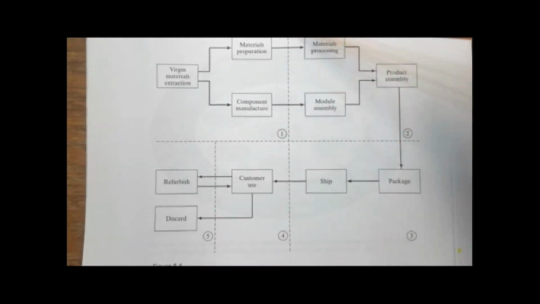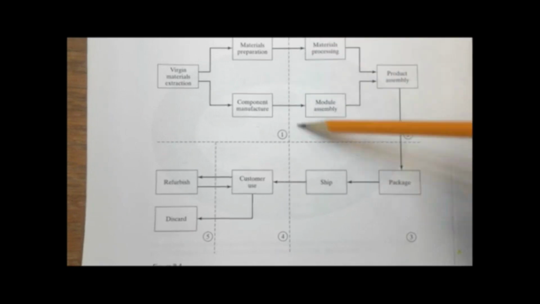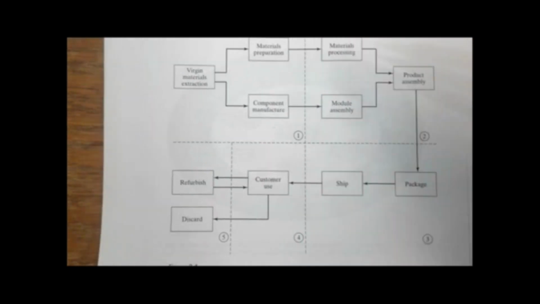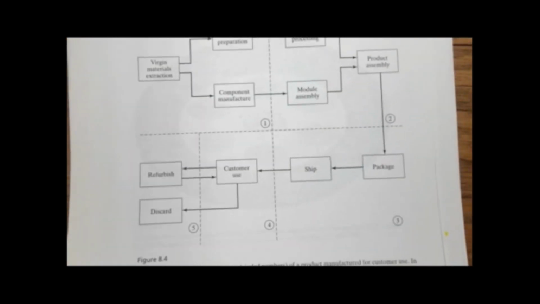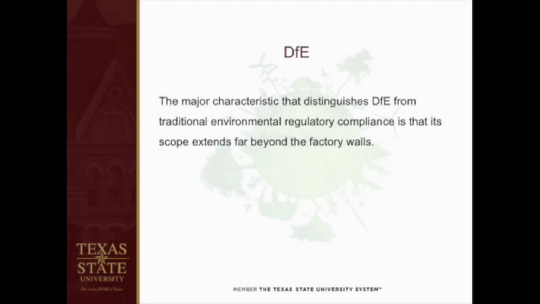In the past, environmental compliance was focused only within the factory walls, from when we started doing module assembly, processing some materials, and then slapping them all together as you would in a typical automotive plant assembly line. We didn't bother about what happened before. We didn't bother about what happened after the product left the factory walls and on to packaging, shipping, and then use.